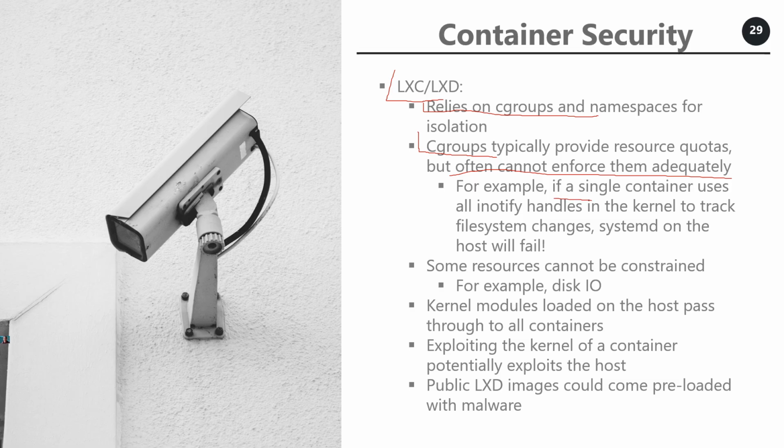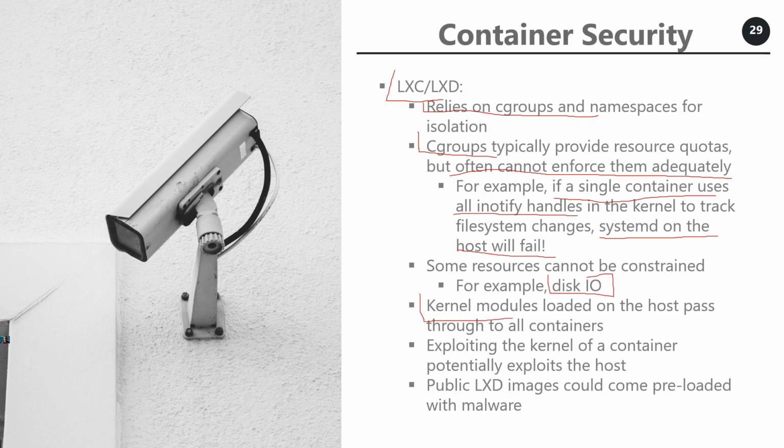One example: if a single container uses all inotify handles in the kernel to track file system changes, systemd on the host will fail. This is one example of container security. Some resources cannot be constrained, for example, disk I/O. So it can pose a security risk there, right?